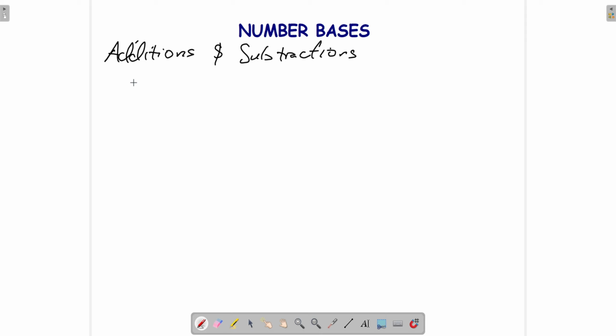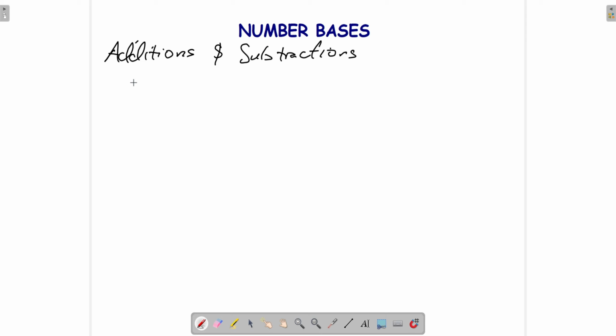Now, you must take note of the fact that we have two methods, apart from using your calculator, obviously. You have two methods to solve additions and subtractions in number bases, but I'm going to start with the first method today, and I'm going to show us the second method, which is also going to lead us to another topic under number bases.